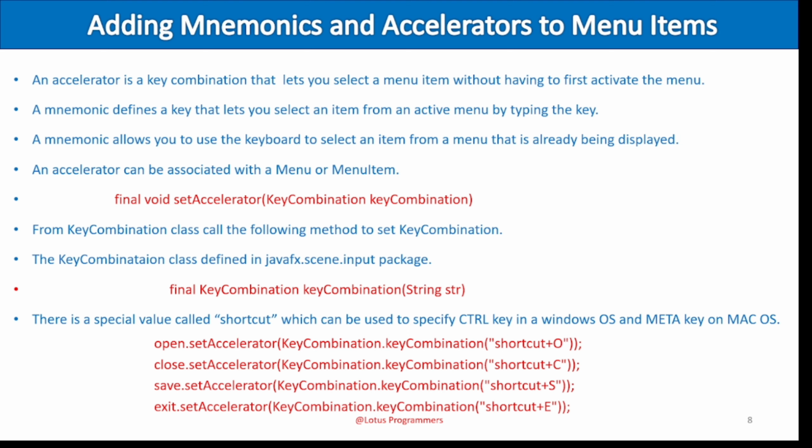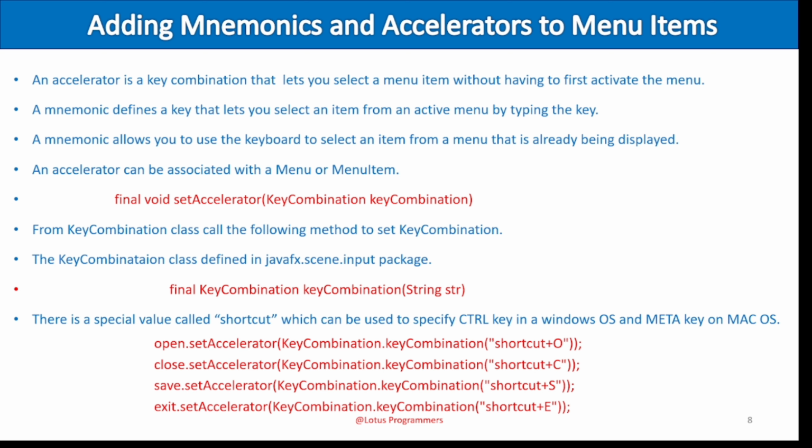Next, we will go for understanding how to set mnemonics and accelerators to a menu item. Mnemonics are nothing but menu items which are controlled with shortcut keys, by pressing Ctrl plus any key from the keyboard in the Windows operating system, or by pressing the Meta key in the Mac OS operating system.